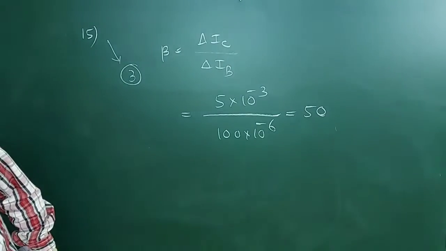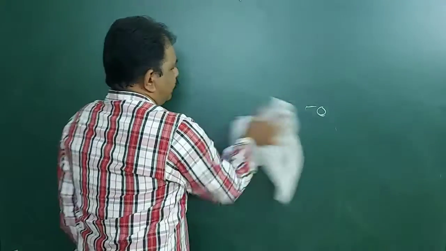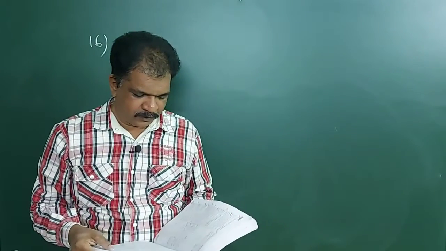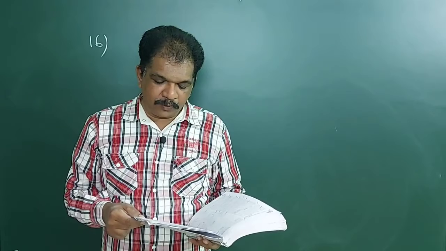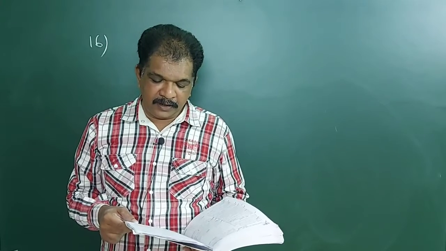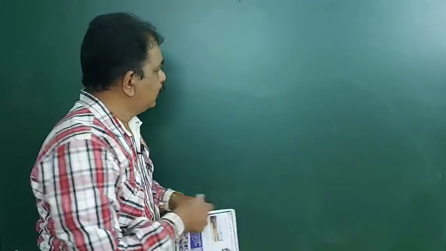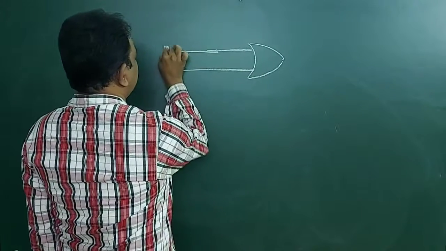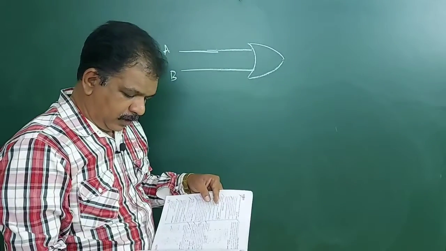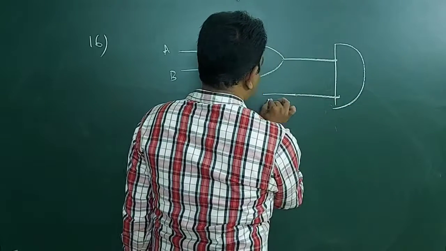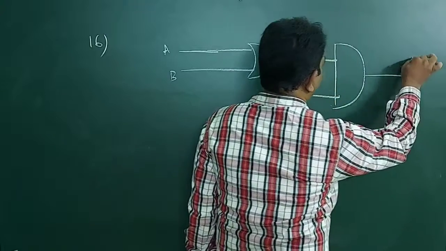Next, 16. See what they are asking. To get output 1 in the circuit shown below, what will be the ABC input values? Here one gate is an OR gate taking A and B, and its output goes forward. Here the C value is applied. The output should be 1.